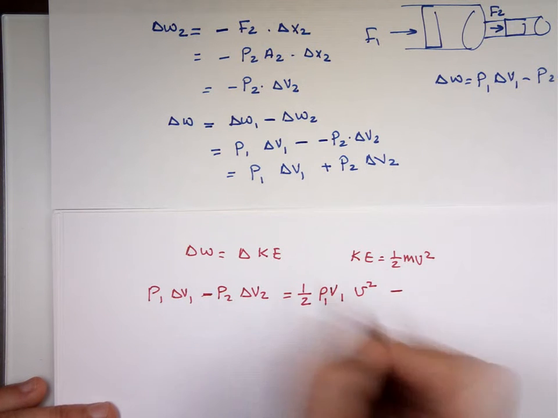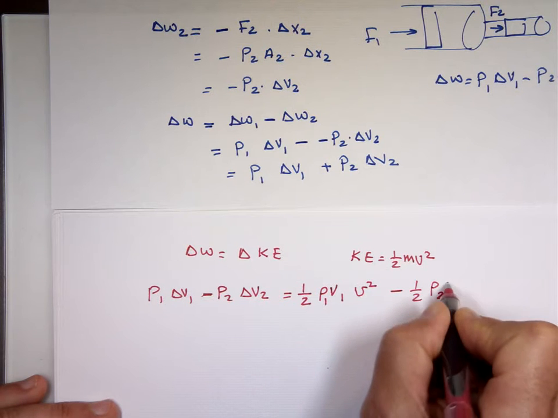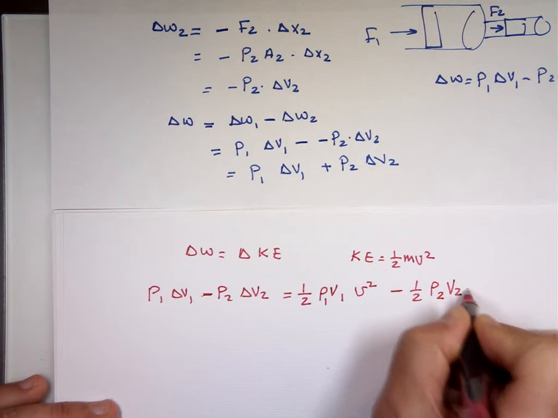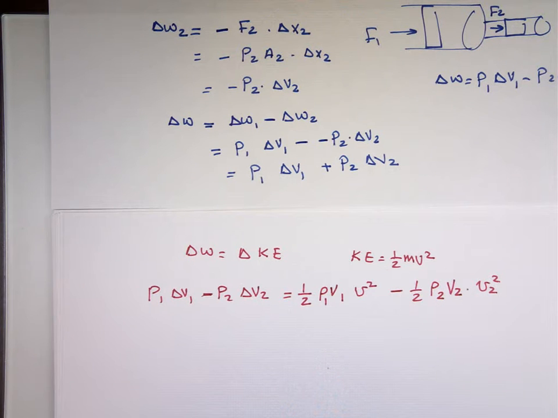Minus the change in the other one, 1/2 rho 2 volume 2 times velocity 2 squared. And I think we got the equation. Now we just got to rewrite that.